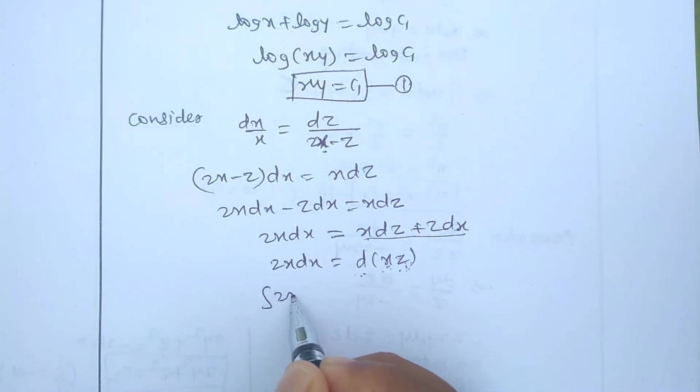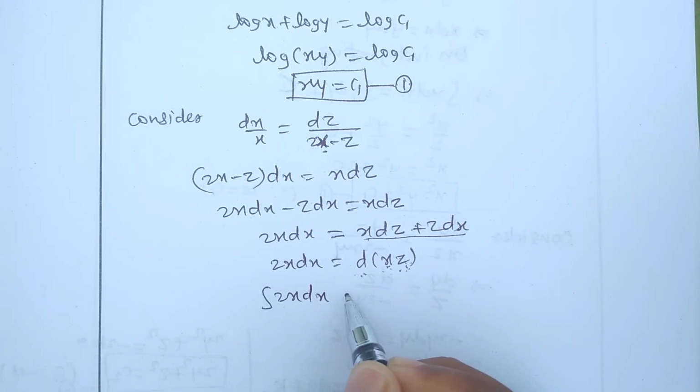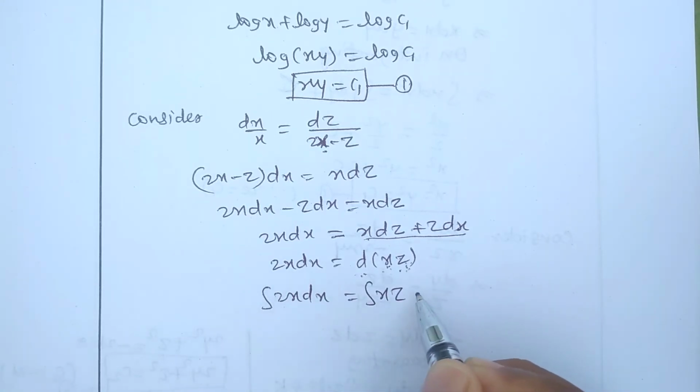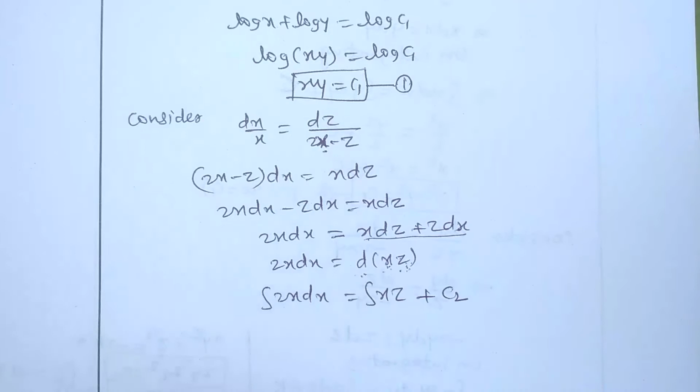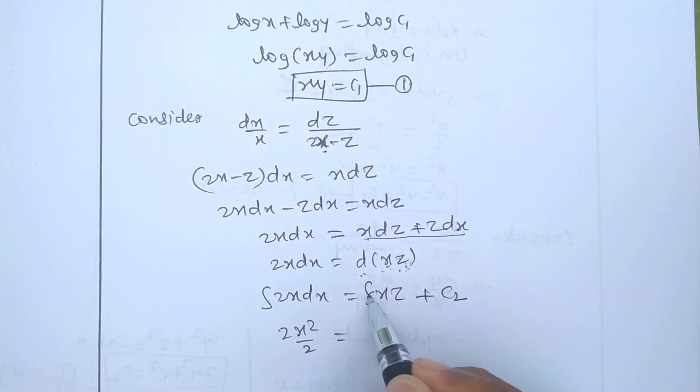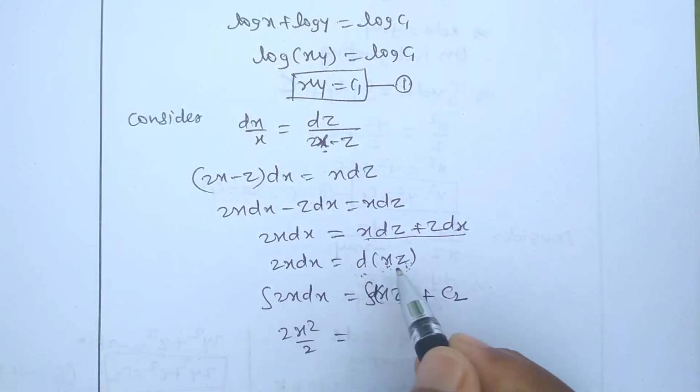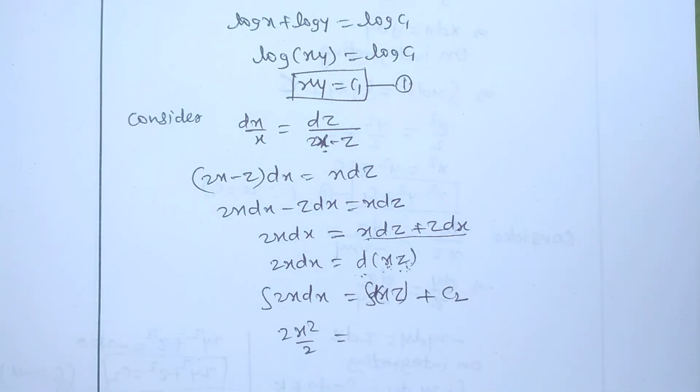Now on integrating 2x dx, integration of 2x dx is equals to integration of d of xz plus some constant c2. Now integration of 2x is 2 into x square by 2 is equals to integration of d of xz. So integration and d get cancelled, we will get only xz plus c2. These two get cancelled, we will get x square minus xz is equals to c2.